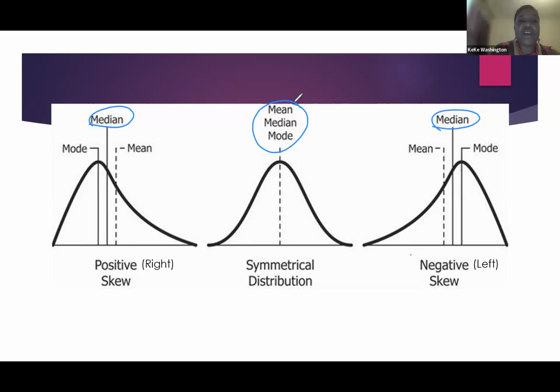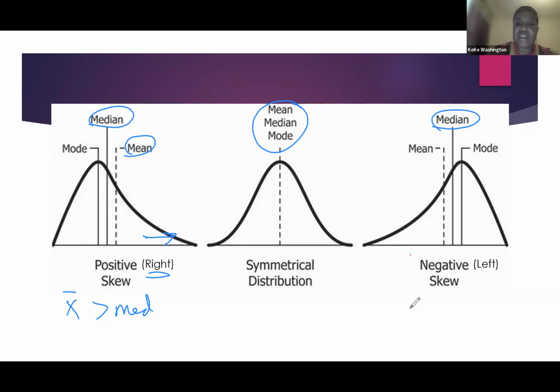If you're ever confused on the shape of the distribution, if you're really not sure if it's skewed or symmetric, you can compare the mean and the median. If the mean is greater than the median, you have a right skewed distribution, because the mean is going to pull in the direction of the tail. What's in the tail? Possible outliers.